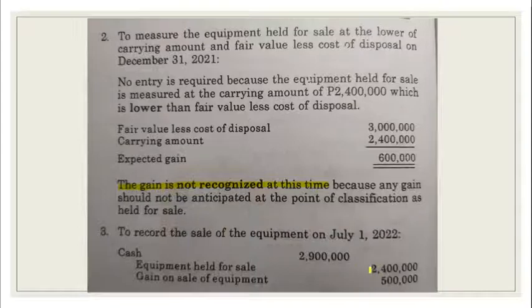Your equipment is at 2.4, so of course you gained 5 million. Again, I keep going back to the classification date: you recognize an impairment loss, but not a gain. So please remember that.